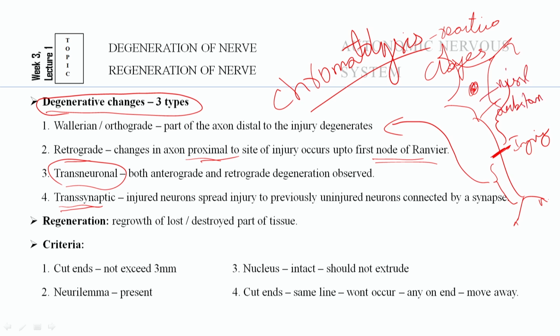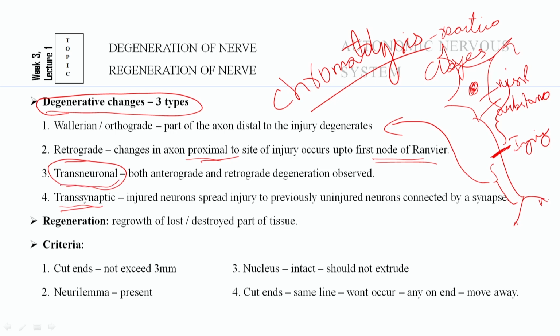Why does this redistribution of Nissl substance take place? Because when regeneration occurs, it demands a lot of proteins. So the Nissl substance must be redistributed properly in the soma, so that the demanded protein is synthesized and used for regeneration.